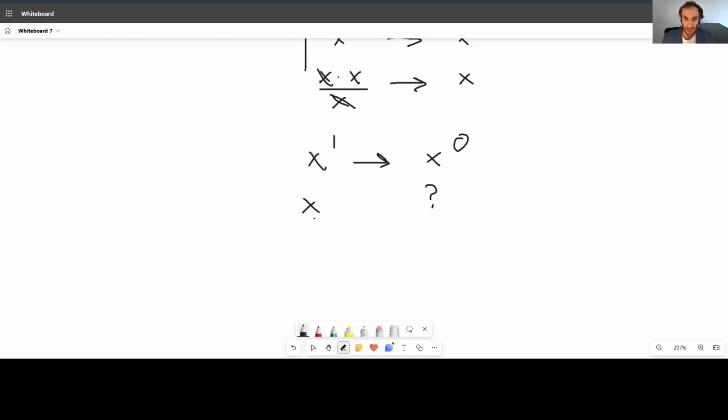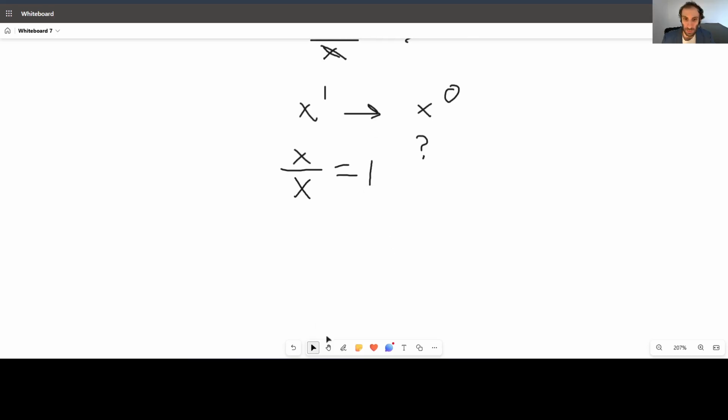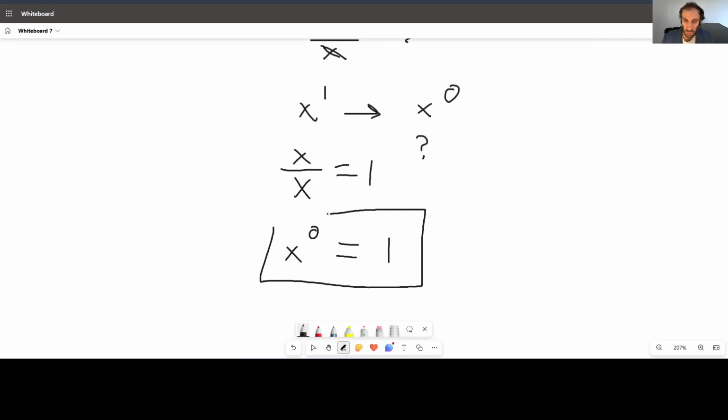X to the first means x by itself, and if we're moving down by one exponent, then we divide. And in this case, we're dividing by x. Well, what is x divided by x? X divided by x is equal to 1, because any number divided by itself is equal to 1. And so for that reason, we know that x to the 0 power is actually equal to 1, which was what we were trying to prove.